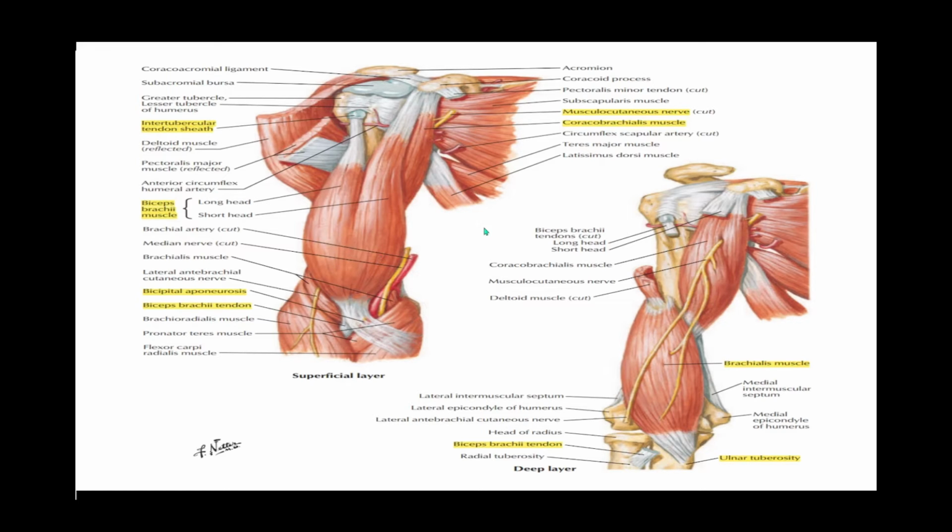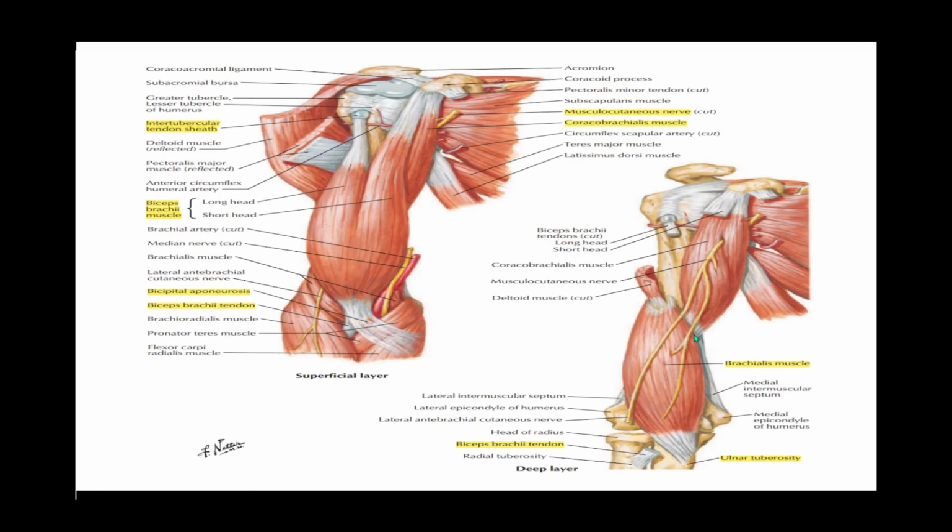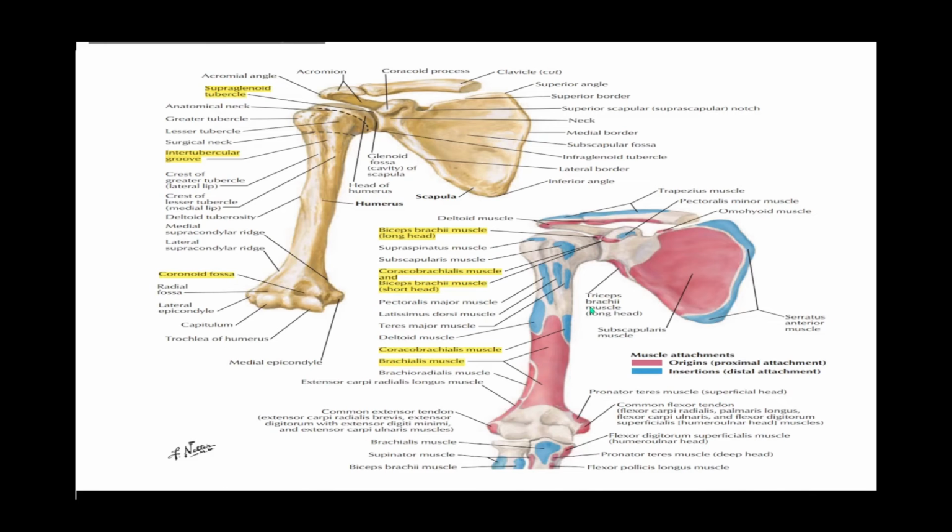By way of summary, the coracobrachialis muscle: origin from the tip of the coracoid process, insertion the middle third of the medial surface of the humerus.